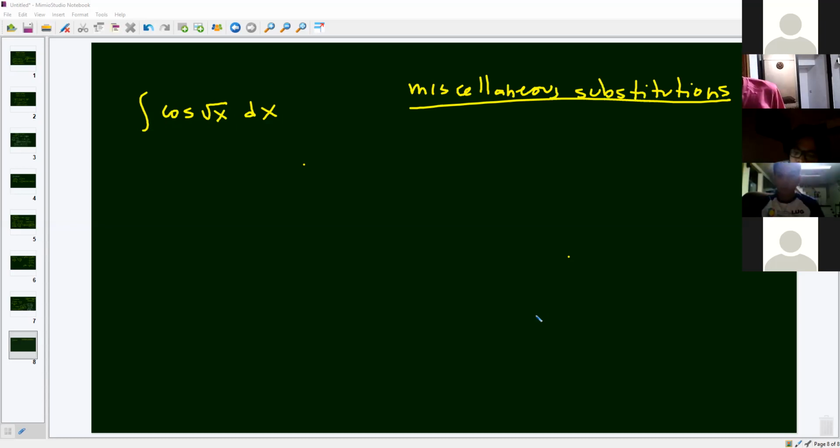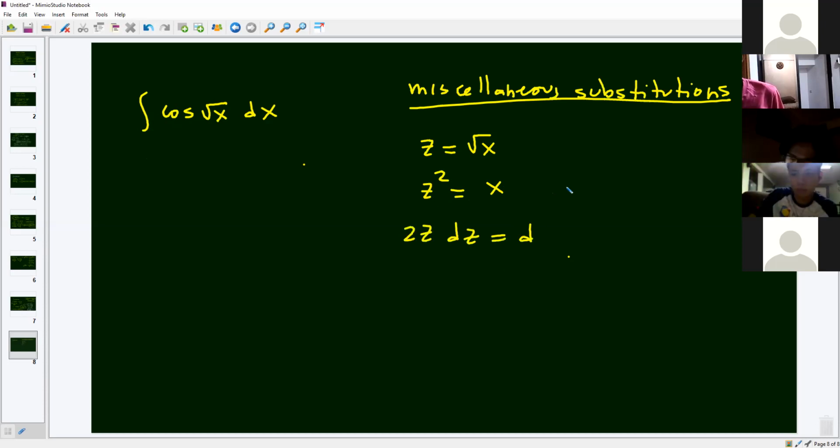So what we'll do is this. Let z be square root of x. If z is square root of x, then it follows that z squared is x. Differentiating implicitly both sides, you get 2z dz is dx. You're dealing with radicals and denominators, but if you do this miscellaneous substitution, look what will happen.